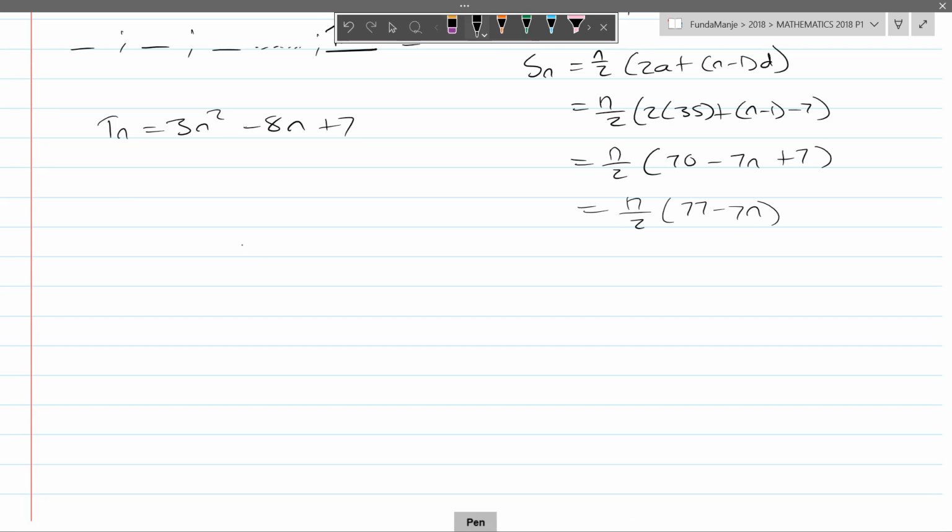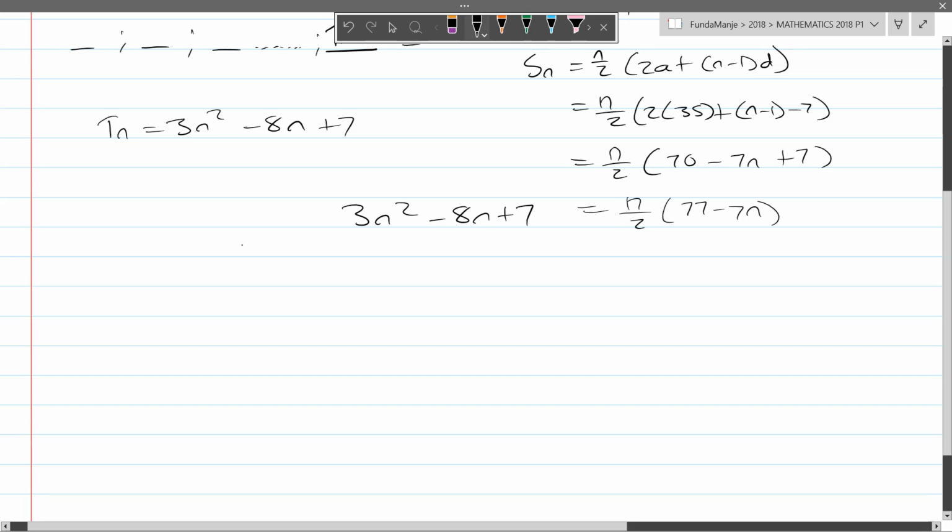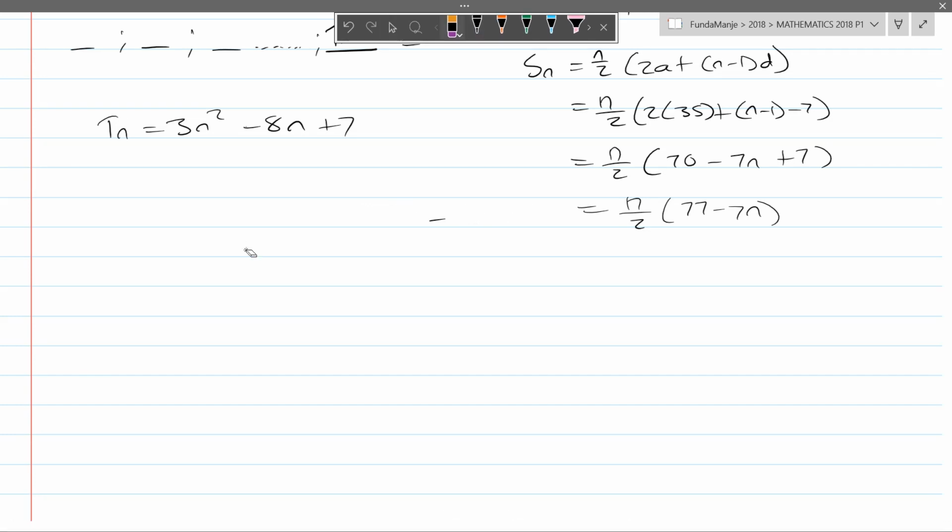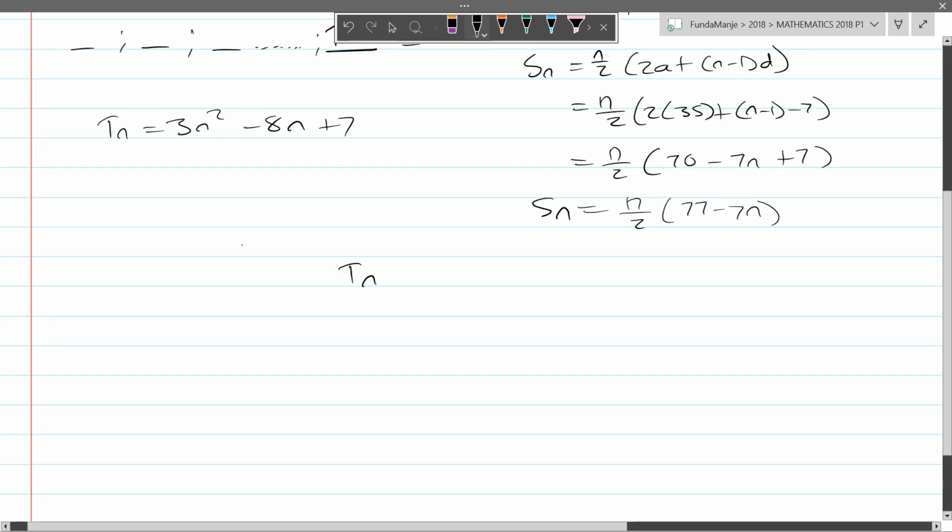So in order to find that number, which might be 67 or not 67, we have to equate the two formulas together. So 3n squared minus 8n plus 7 will be equal to that. Or rather, let's write that on a new line where we are saying Tn for quadratic is equal to Sn for the arithmetic.